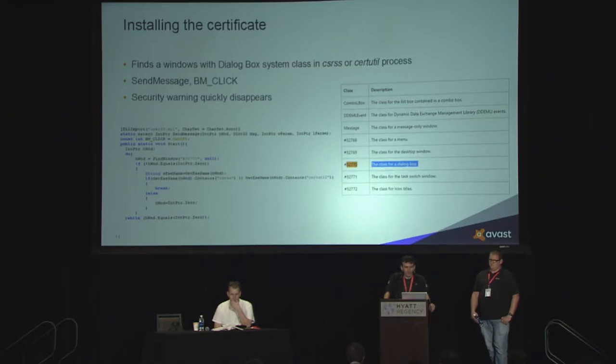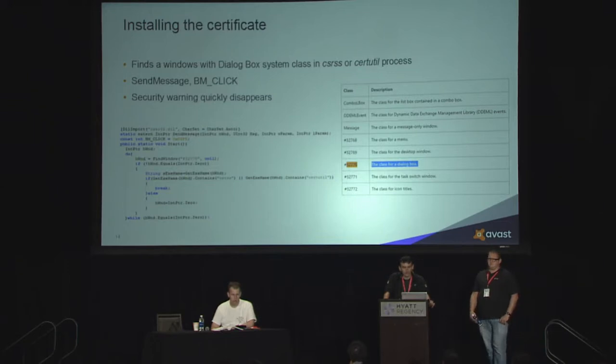And there is a comparison. If the malware wants to identify the currently displayed dialog box, it has a predefined class value. So it compares this value. In this particular case, according to MSDN documentation, it's 32770, which is the class for the dialog box.